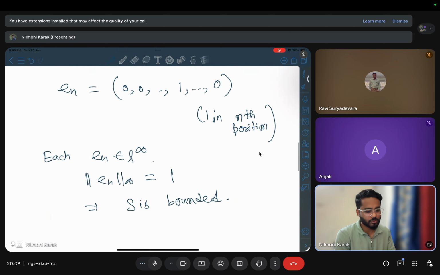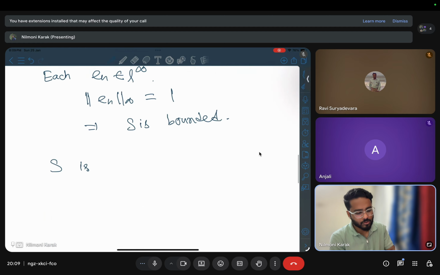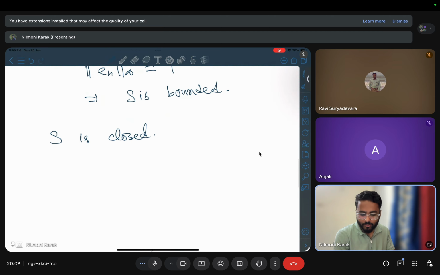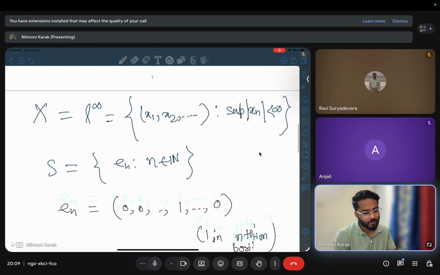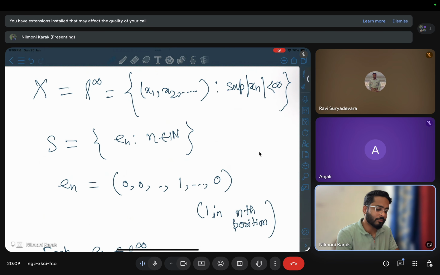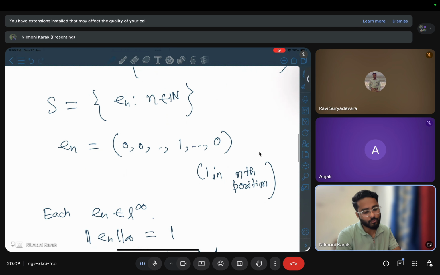So this is closed, but why is S not compact? How do you show it is closed? Because this is a discrete type set with no limit point, right?